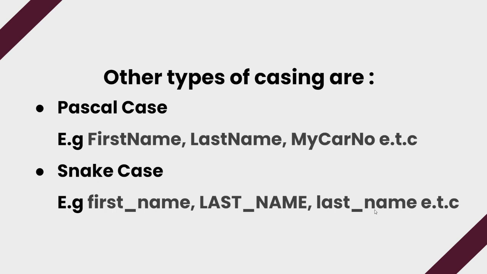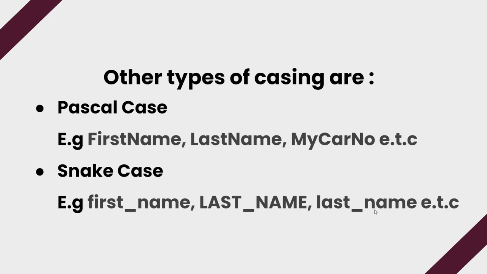So this particular casing uses the underscore to separate the words rather than having them combined together as one word. So for those that would like to separate the words from each other, spaces and hyphens are not allowed. But here you can use the snake case.